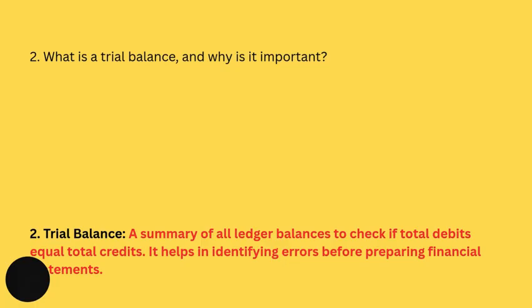This balance is vital because it helps us identify any errors before we prepare our financial statements. So, remember, a trial balance acts like a safety net, catching mistakes early on in the accounting process. The trial balance is not just a checklist, it's an essential tool for maintaining the integrity of our financial reports.